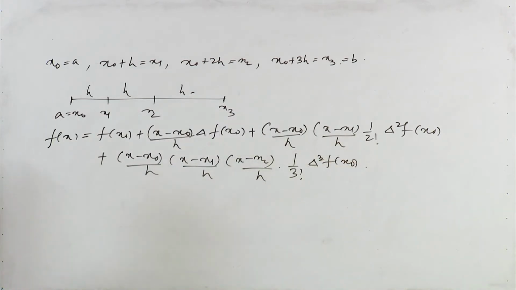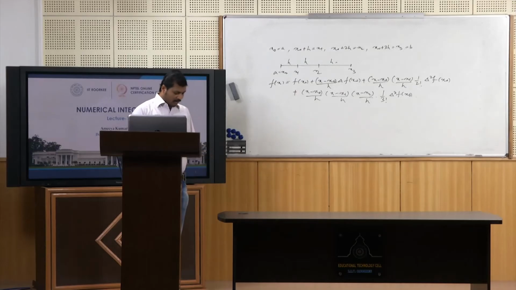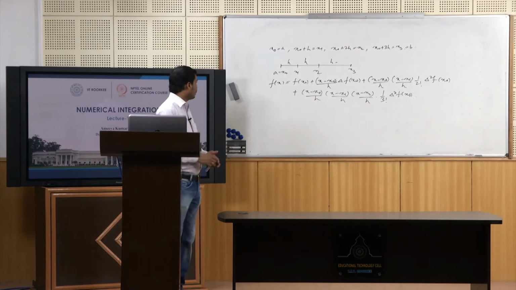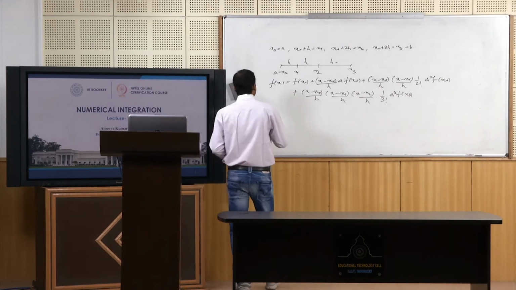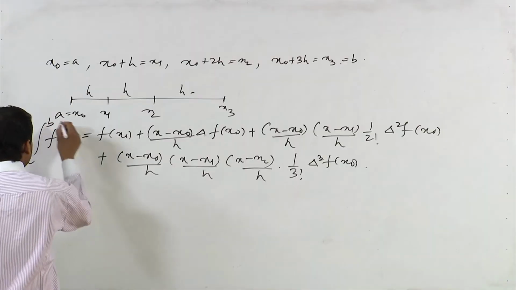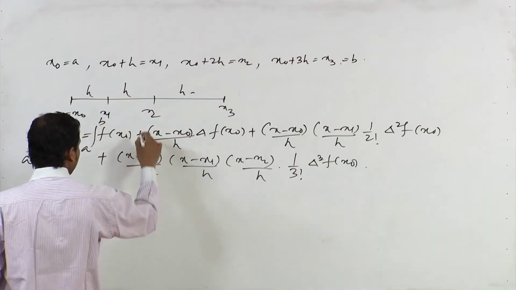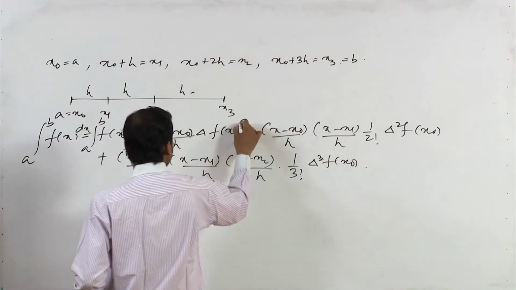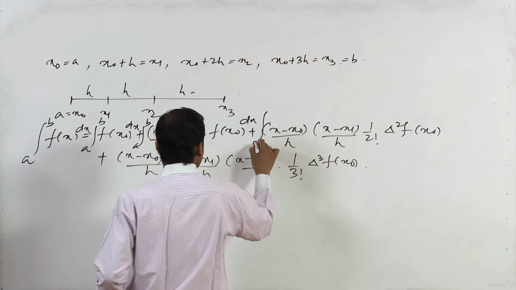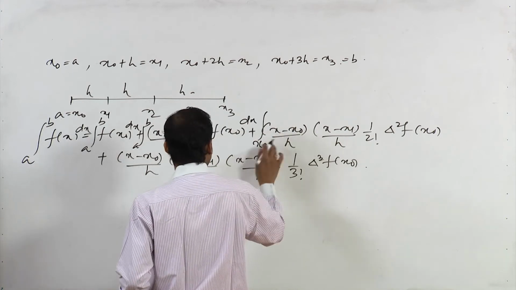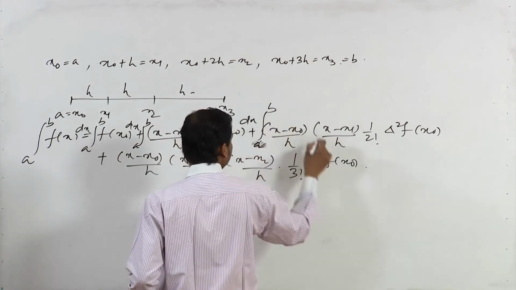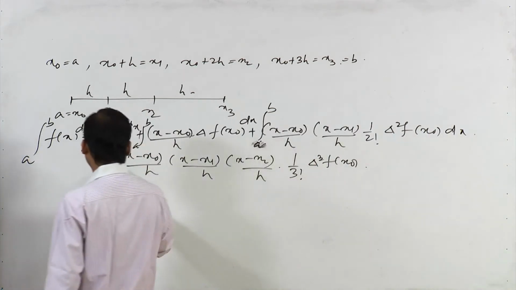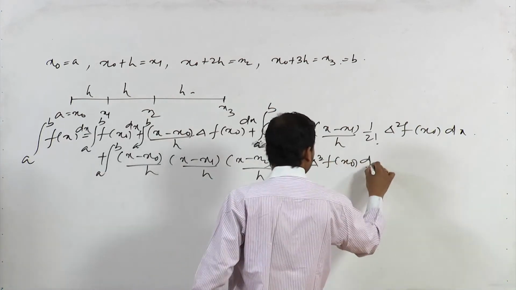Then we can obtain the formula for this 3/8 Simpson's rule here. We take the integration in the range from a to b, that is x0 to x3, of dx here.